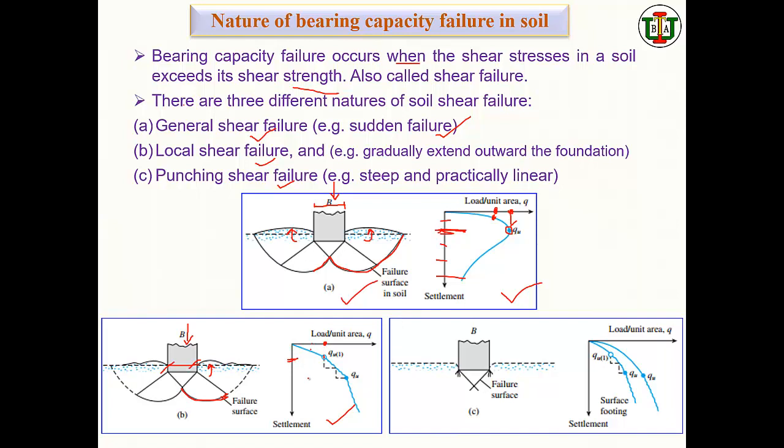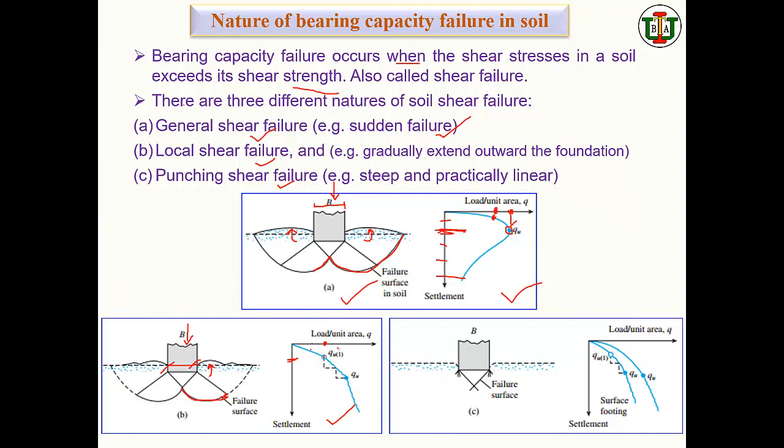What the researchers found is that at this qu1, they do not consider it the final failure but the initial failure, which is considered as the failure load for local shear failure. But the load-taking capacity is still increasing.